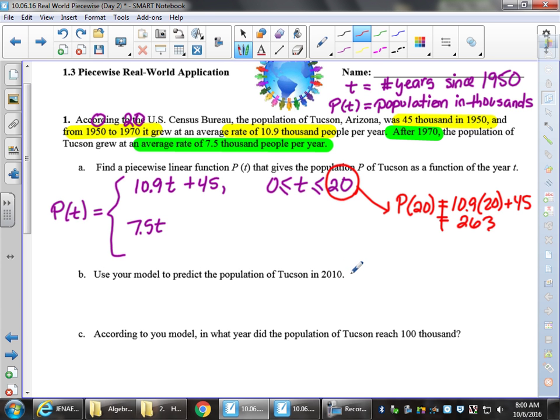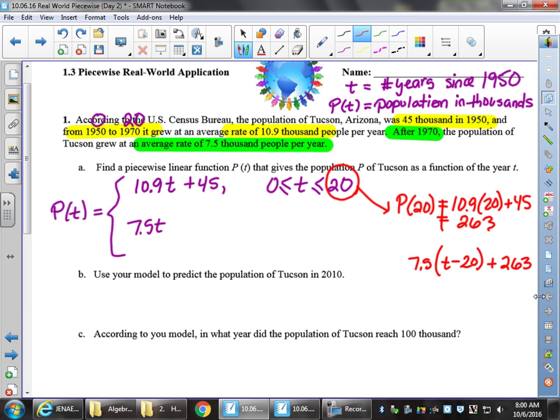How do I put this? I'm going to write it, and then we're going to talk about it. So I have 7.5. Give me a year. Let's talk 1990.